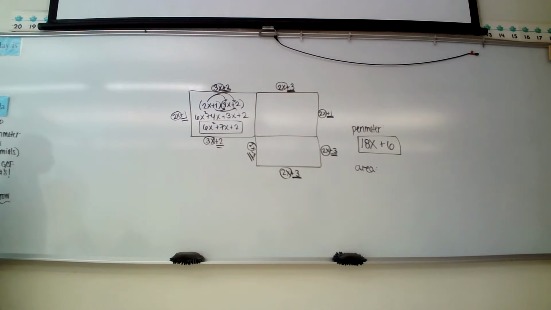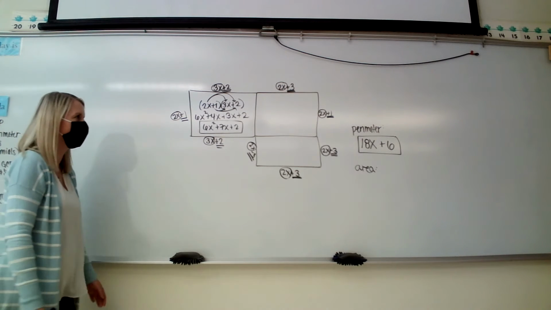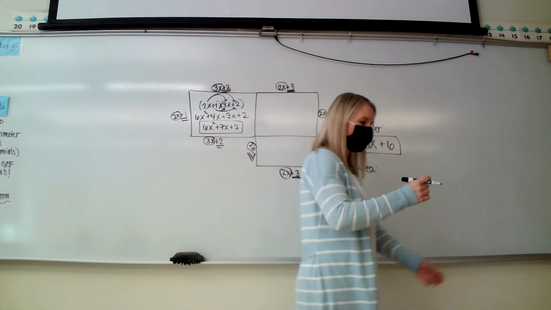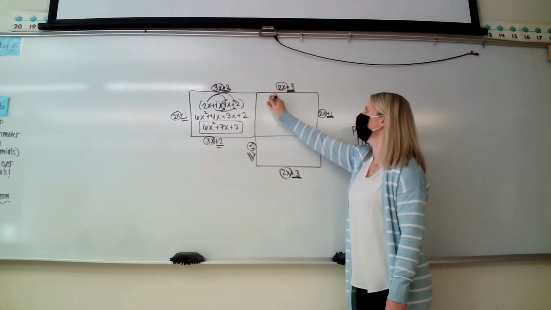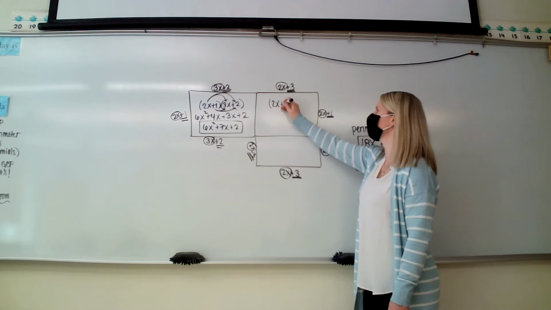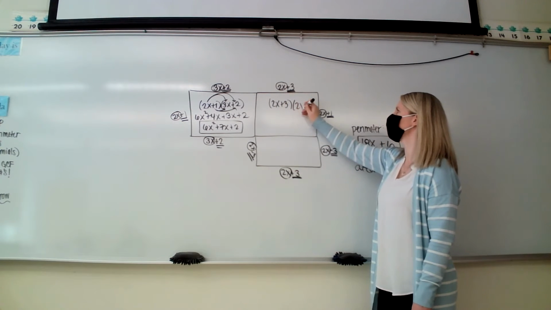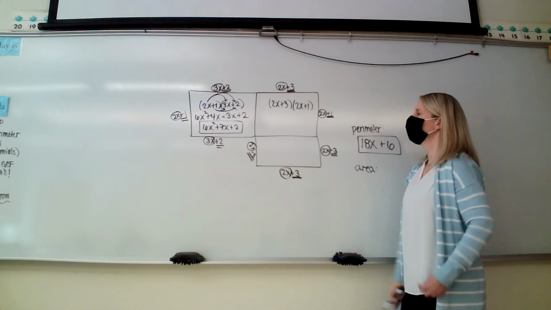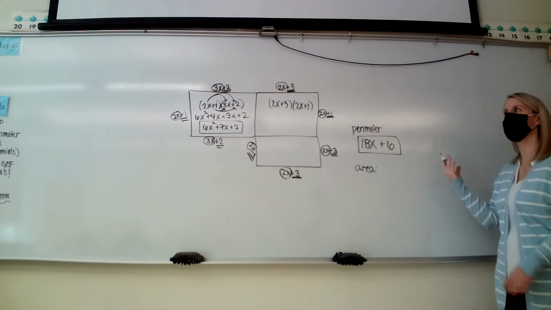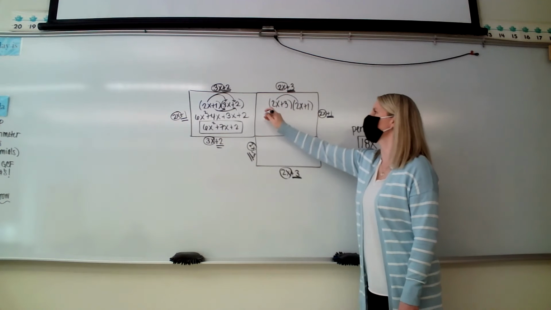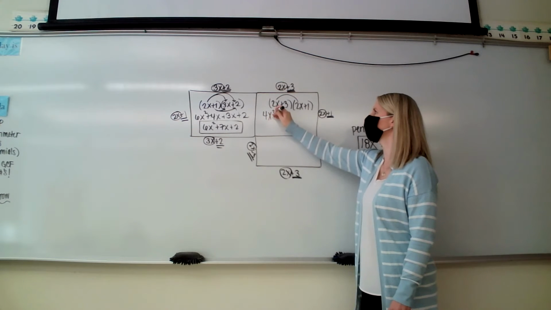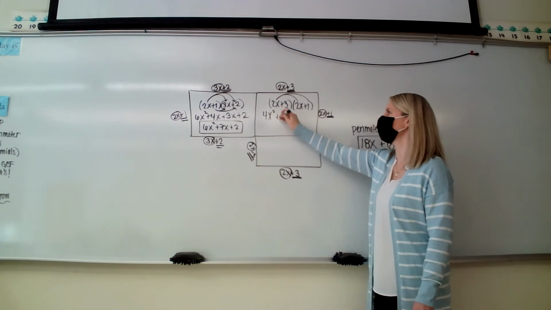We still have 2 rectangles to go, guys. So now we need to find the area of this. I'm going to multiply that 2x plus 3 times the 2x plus 1. Everything when we're multiplying is distributing with polynomials, so I just start. That gives me 4x squared. That gives me 2x.